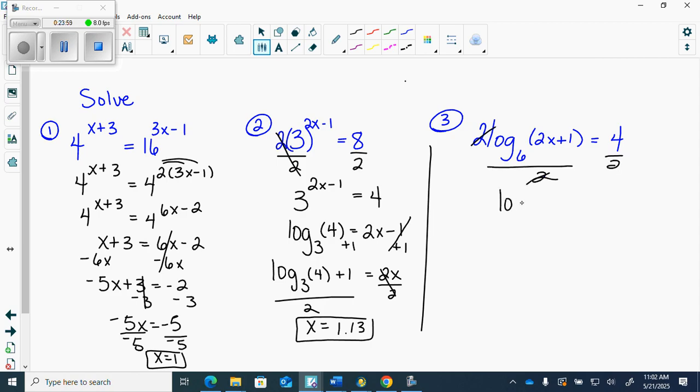So we get log base 6 of 2x plus 1 equals 2. Then I can convert. Base of my log becomes the base of my exponent. With what's friends doesn't stay friends, so I get a 2. 6 squared, 36 equals 2x plus 1. Subtract 1. 35 equals 2x.